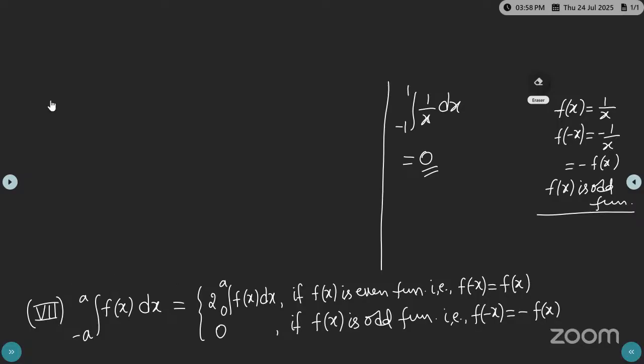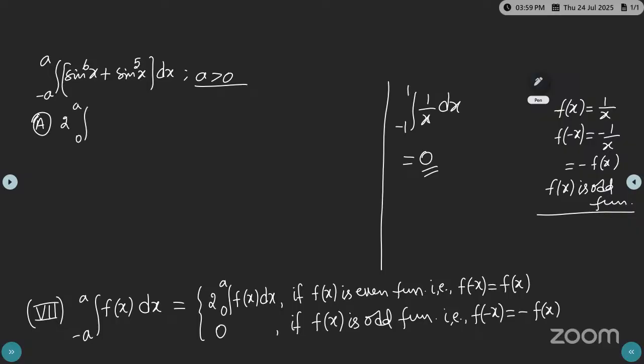Write another one. Integral minus a to a of sin power 6x plus sin power 5x dx for a greater than 0. I'm giving you the options. Option A, 2 into integral 0 to a of sin power 6x plus sin power 5x dx.